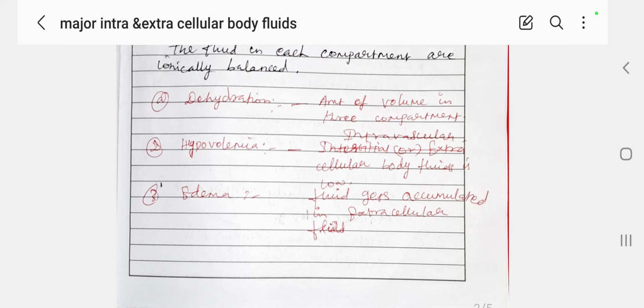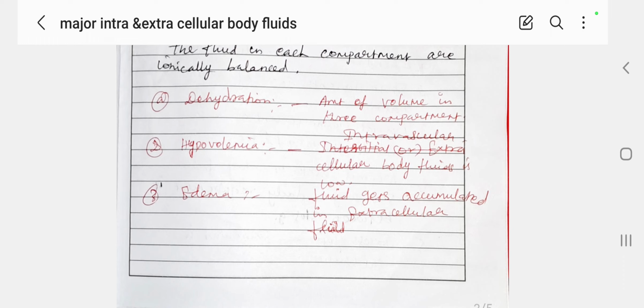If a person fails to balance the ion concentration, it leads to dehydration, hypovolemia or edema. Dehydration means a lower amount of volume in the compartments.